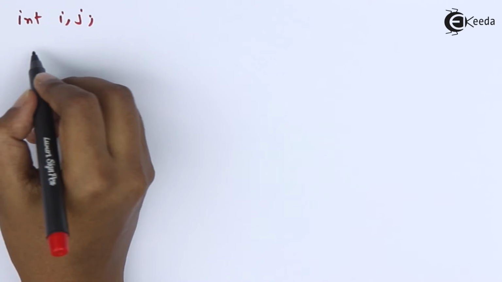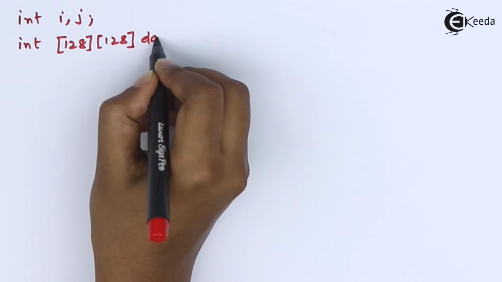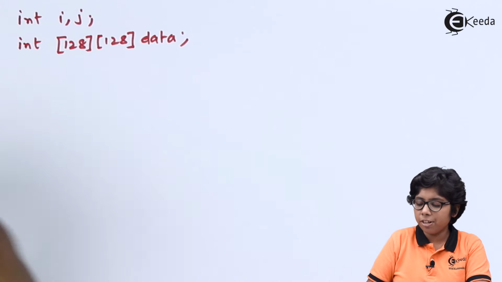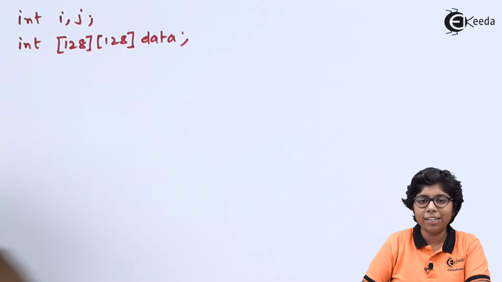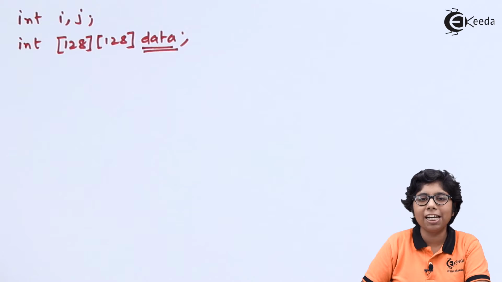Say, for example, we will look at a C programming code which will allocate 128 words in a page and initialize all the words to 0. Here we are using a 128 by 128 array known as data, whose words are to be initialized with 0 for the first time across all pages.